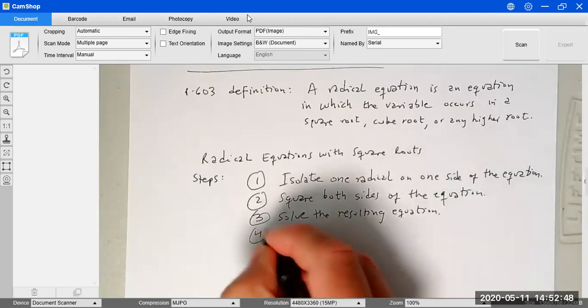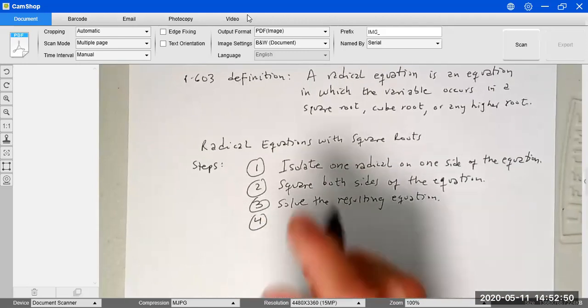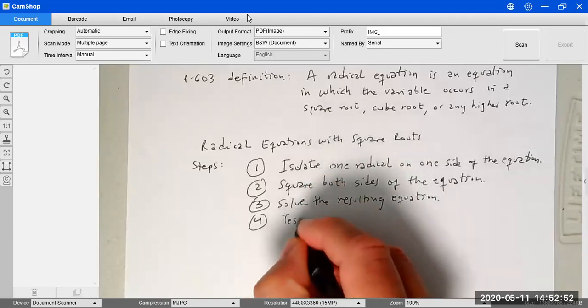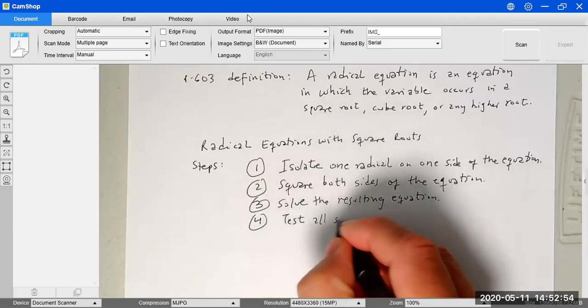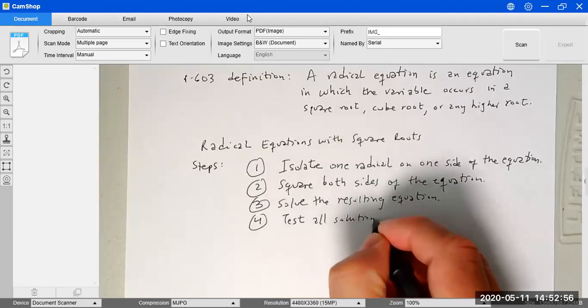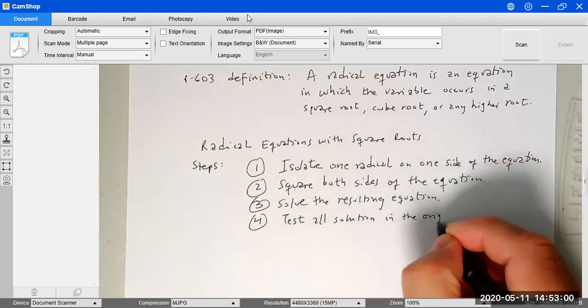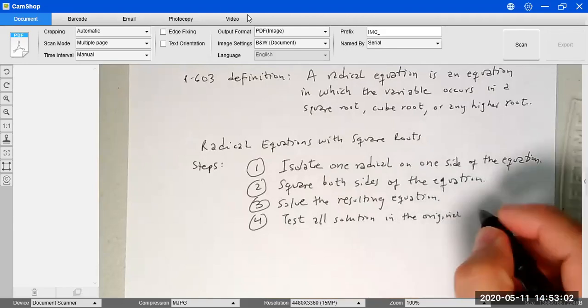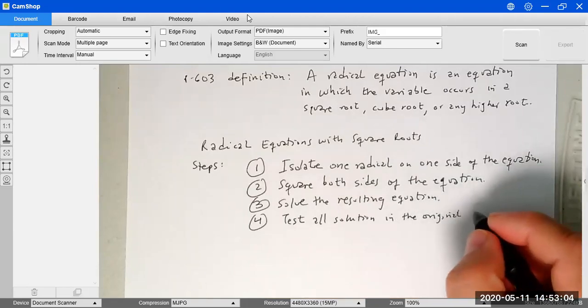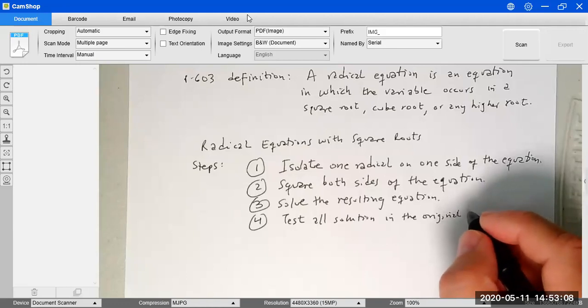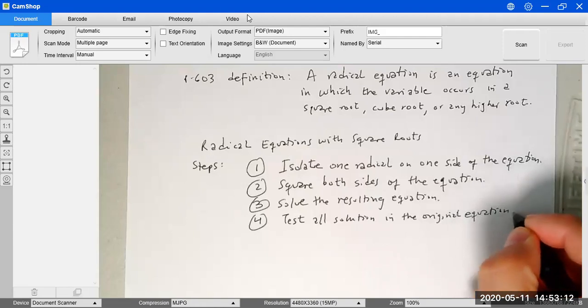And finally, you're going to test all solutions in the original equation. Why? Because anytime that you square an equation, you are introducing more roots than the original equation had. So that is going to be the last step.